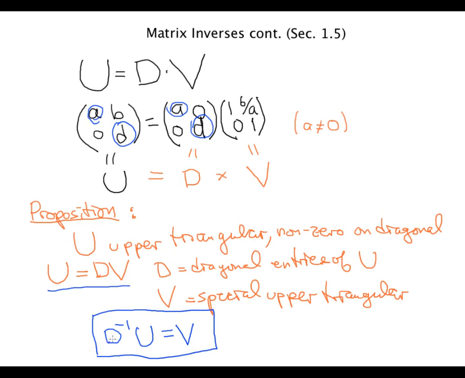It's just the diagonal entries A1 through AN. U is what you're handed, so you just do this multiplication. It's easy to compute D inverse, of course. D inverse will just be A1 inverse dot dot dot AN inverse down the diagonal. And so that gives you a formula for V.